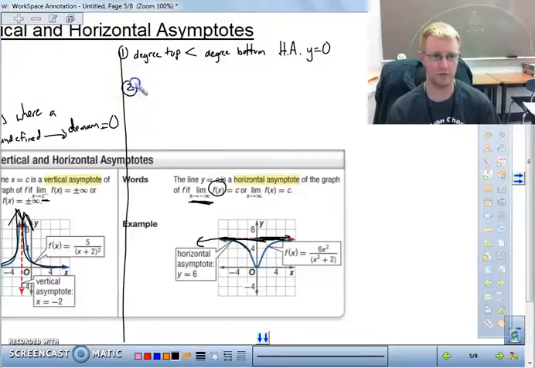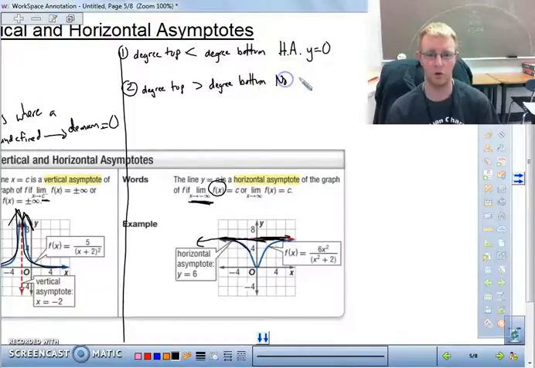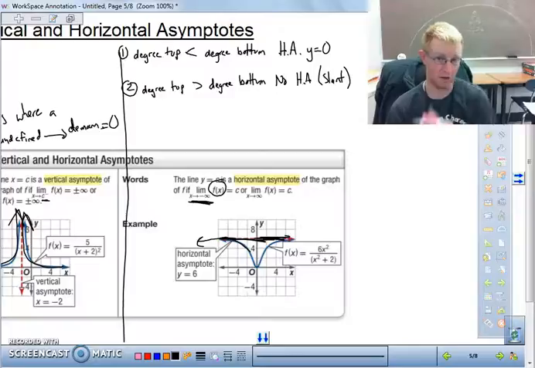Okay, second property, degree of the top is greater than degree of the bottom. We have no horizontal asymptote, and actually you're going to end up getting a slant asymptote, and we're going to talk about that in part 2. Okay, so degree of the top is greater than the degree of the bottom.